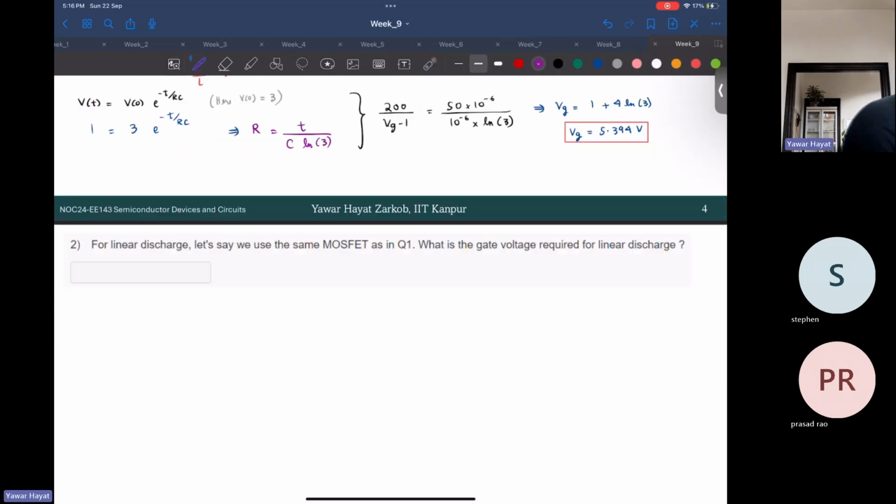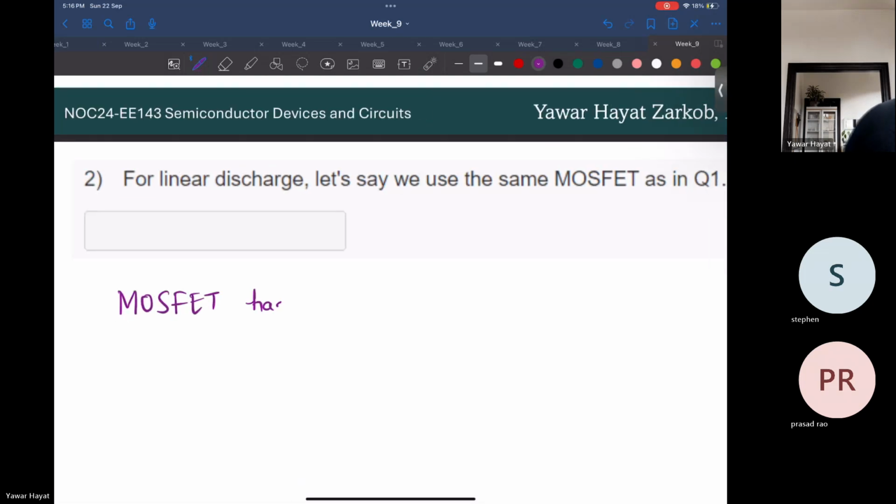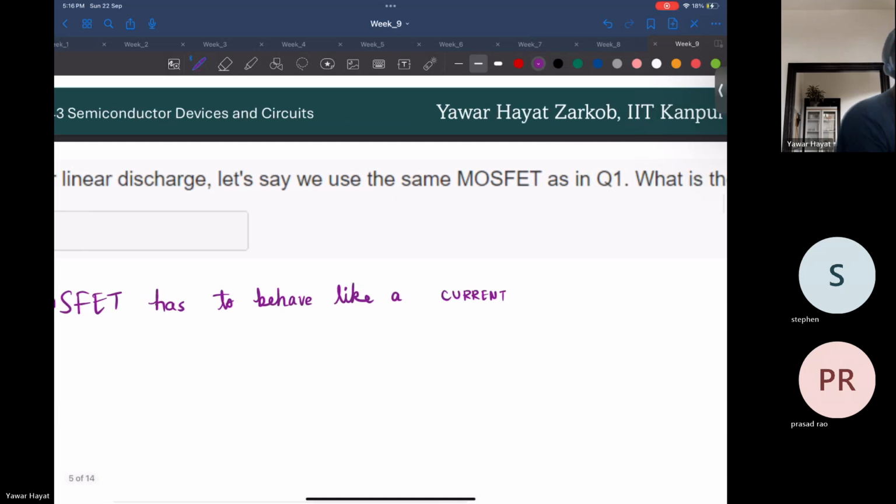Your MOSFET has to behave like a current sink for the linear discharge, right?